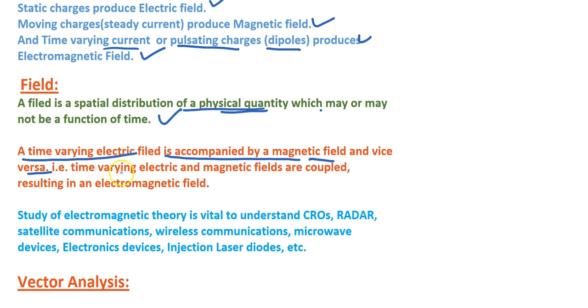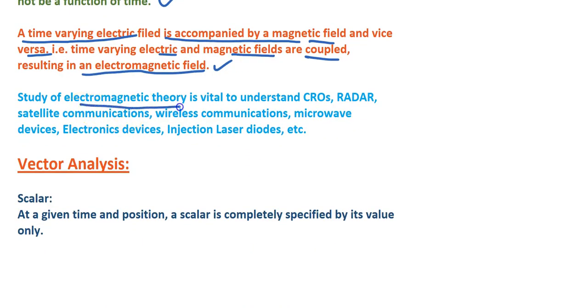That is, time varying electric and magnetic fields are coupled. You cannot have an isolated time varying magnetic field or time varying electric field. That means if a time varying electric field is there, you must have a time varying magnetic field, and we call that the electromagnetic field. That is the basis of wireless communications.